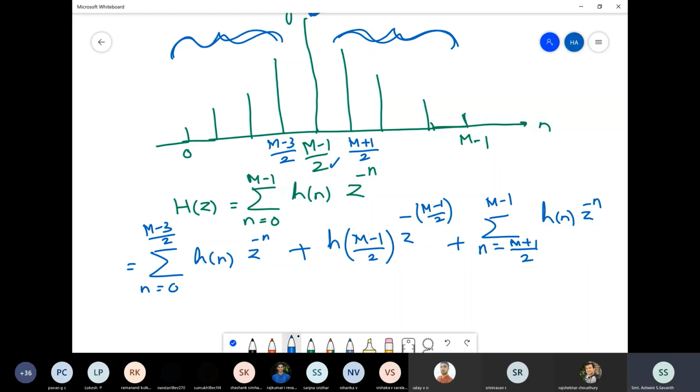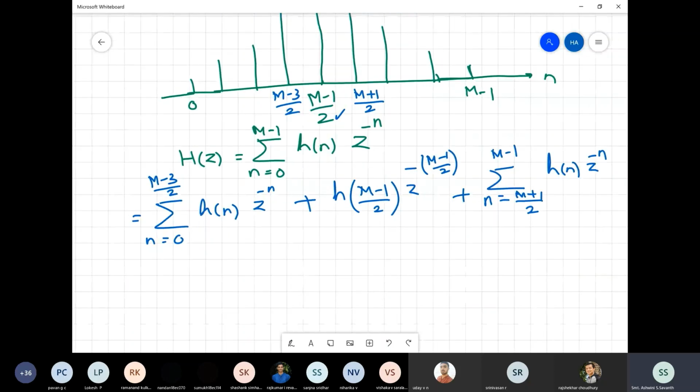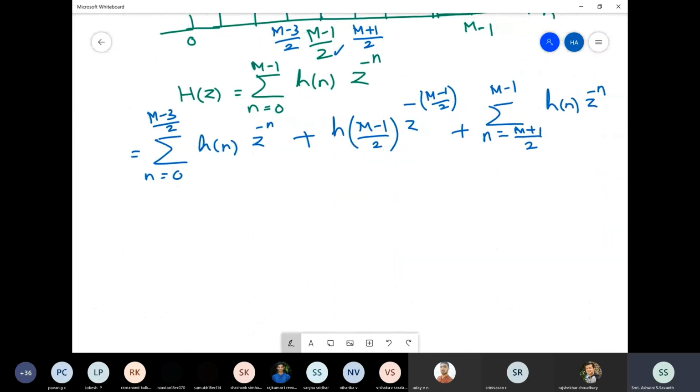Like we did in the previous case, in the second summation, let us substitute n equals m minus 1 minus small m. We'll make a substitution n equals m minus 1 minus small m in the second summation, or the third term that we are talking about. So the lower limit, when you put n equals m plus 1 by 2, right?